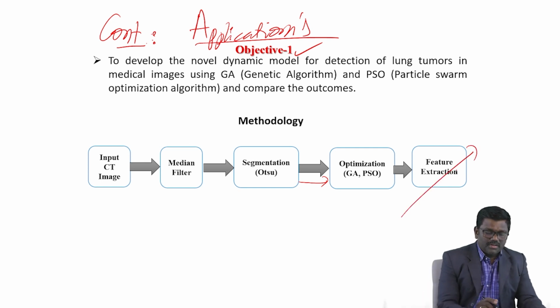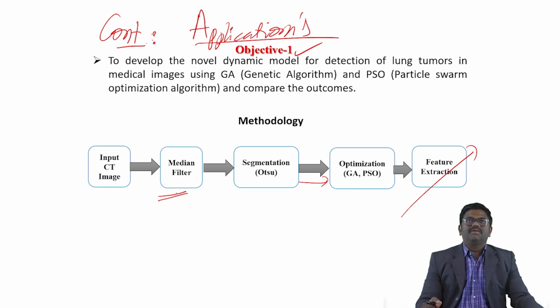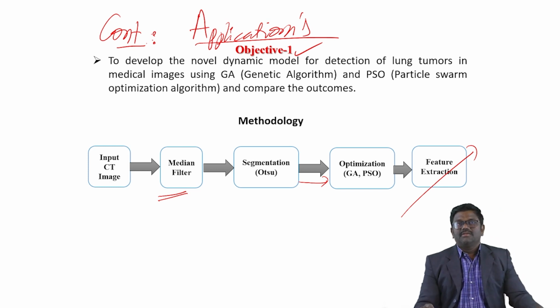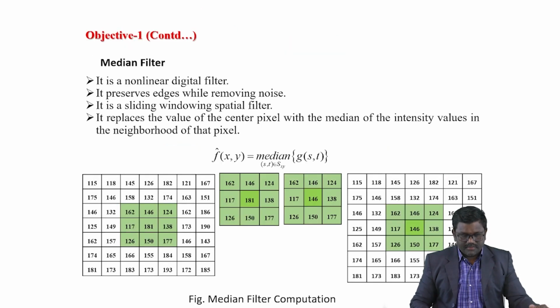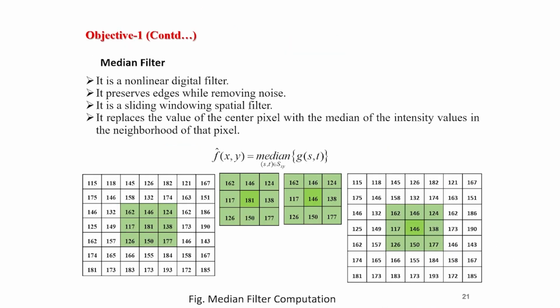Before this, we use a median filter for reducing noise, as pre-image processing. I told you that the pre-image processing is the median filter.